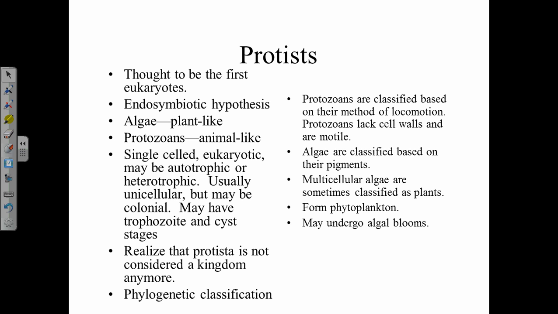How the protozoans are classified based on how they move, their method of locomotion, and typically they do not have a wall. And how the algae are classified based on the pigments, the light-absorbing pigments that they have inside them. We talked too about blooms, how algae can grow out of control, usually when there's too much of which nutrients in the water?